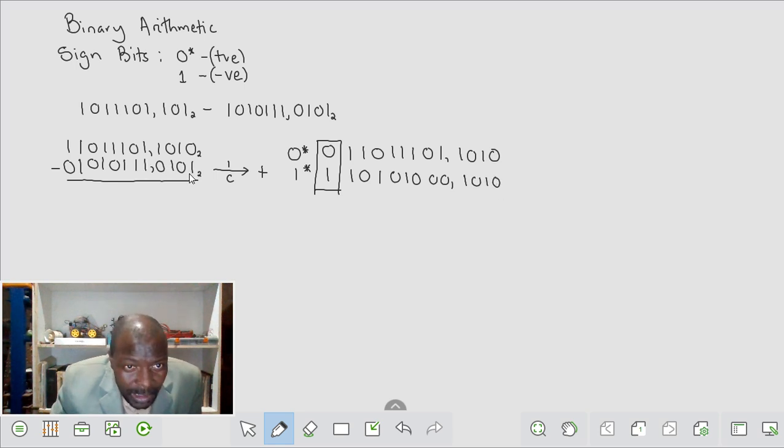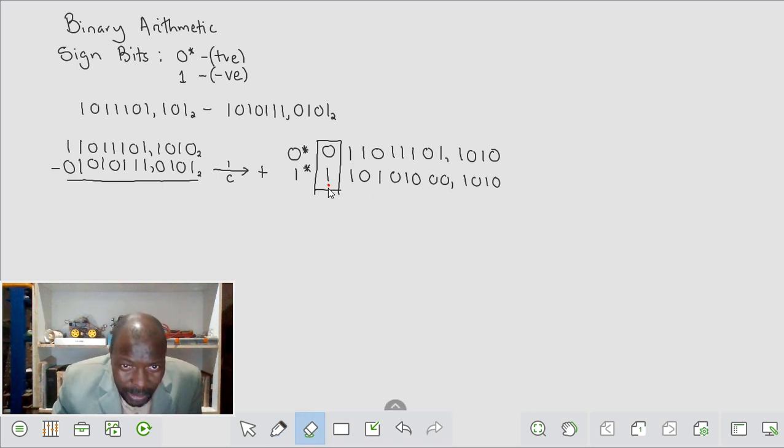Let's double check: 0 1 0 1, three zeros, a 1, a 0, a 1, a 0 and a 1. This was just me explaining.